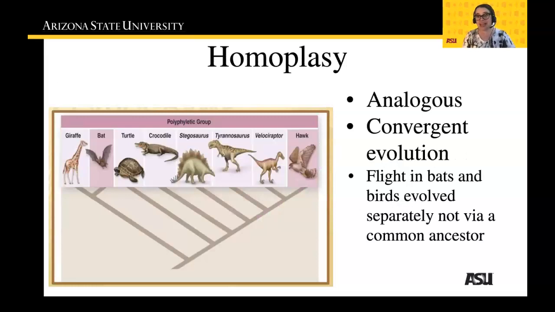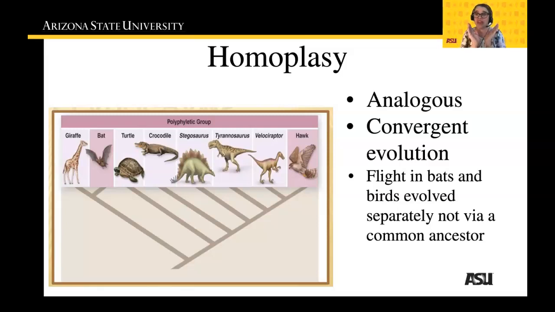The next idea is analogous or convergent evolution traits. And so these are homoplasy. And these arrive separately, not within the same clade. Now, if you look from the original ancestral common ancestor, you will see that a bat and a hawk are in that same monophyletic group.